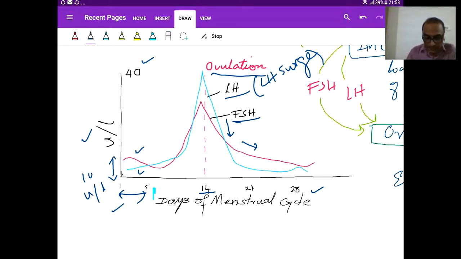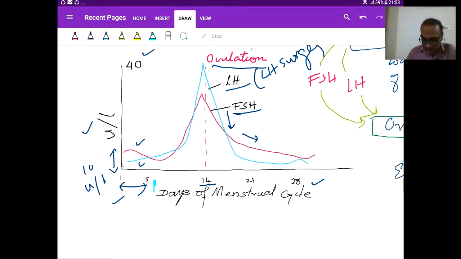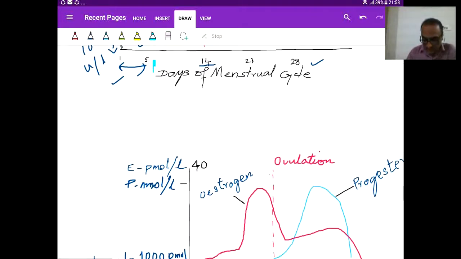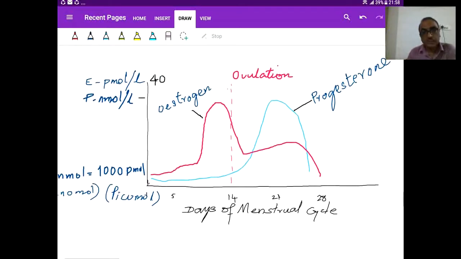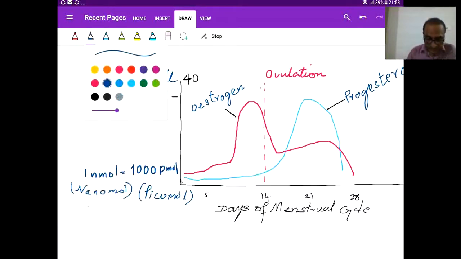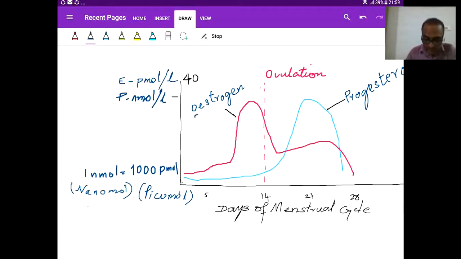Now let us take up another graph where we see the estrogen and progesterone levels, how these two change. Okay. Here the red line indicates the changes in the estrogen level, and the blue one the levels of progesterone.